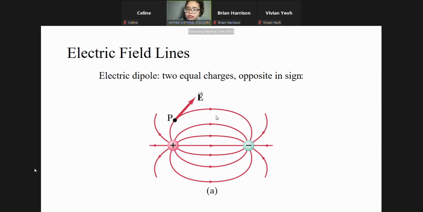Along the process, it creates a cloud-like structure, or the field lines look like the electron cloud, which represents the interactions between your charges.